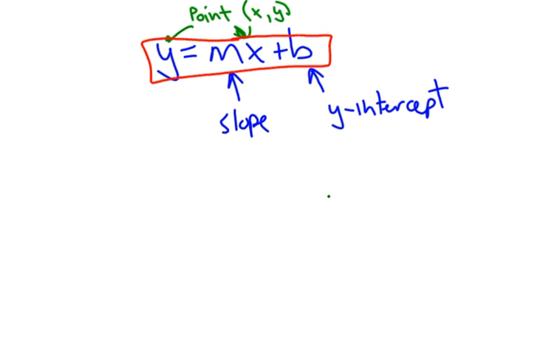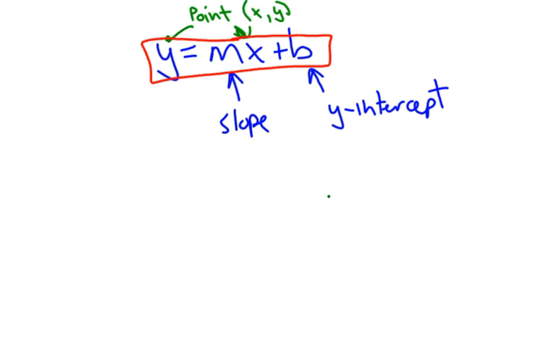But in our particular case, the slope is generally going to be a fraction, and the y-intercept is generally going to be a nice whole number for us to be able to graph it. That doesn't always happen, but in most situations, because we're in math class, it will.